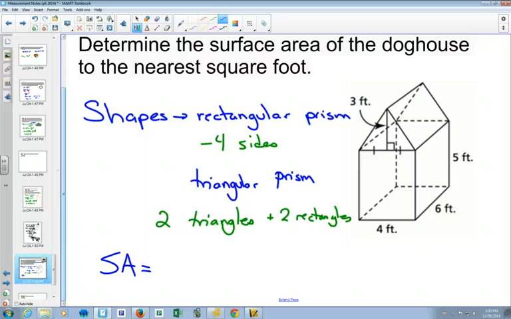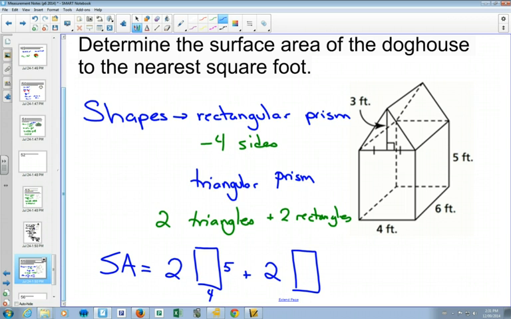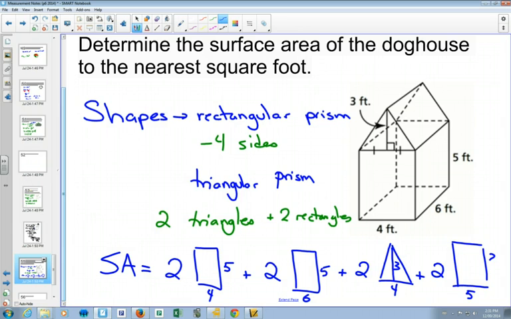So to start off with, I'm just going to say on the bottom, the 4 sides that are there, there's going to be 2 rectangles that are 4 by 5 plus 2 rectangles that are 6 by 5. And then once I go to my triangles at the top, I'm going to have 2 triangles where the height is 3 and the base is 4, plus 2 rectangles where the base is 5 and the height is, I don't know.